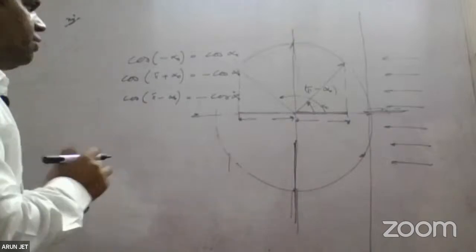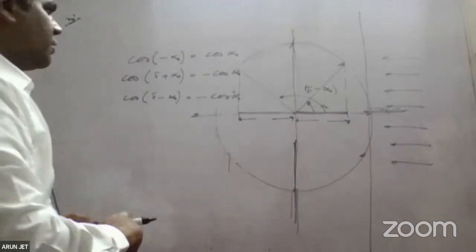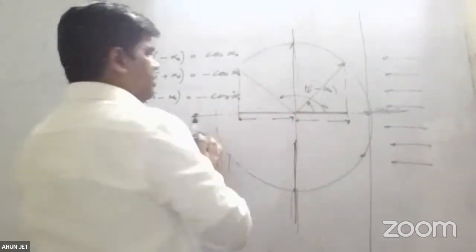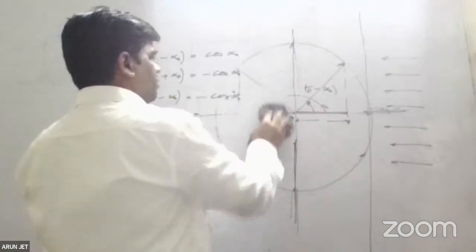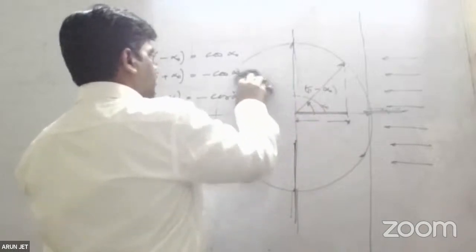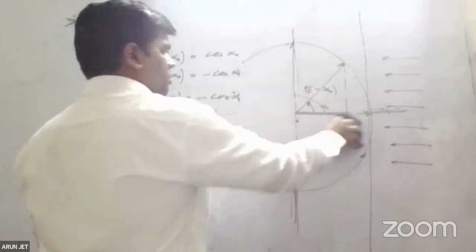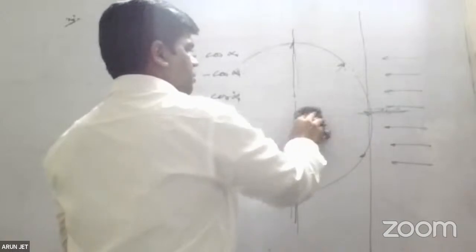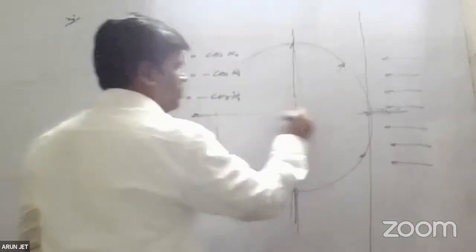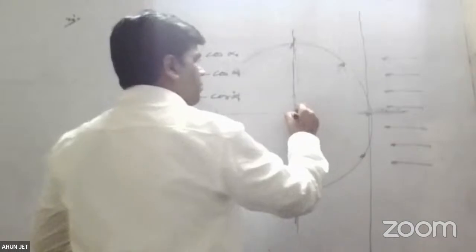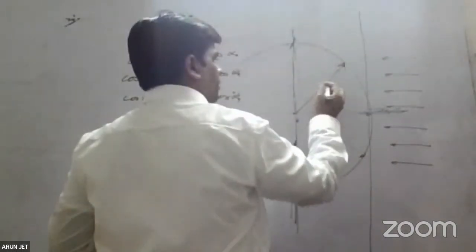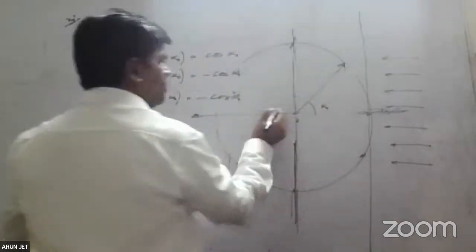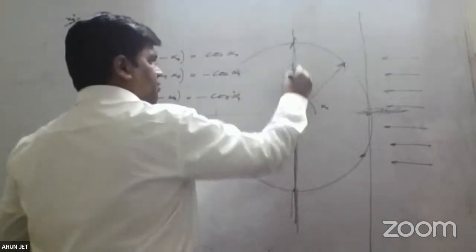All right. Now, let us say sine of alpha. This is unit and this is alpha. So sine alpha would be this one, this shadow.